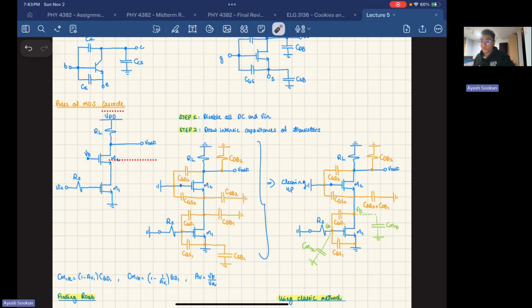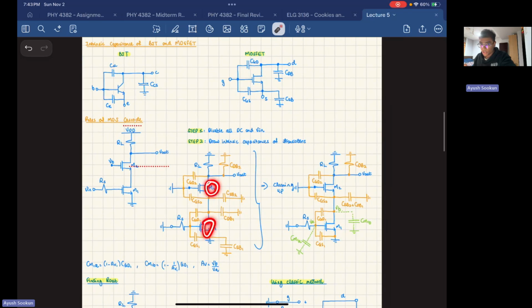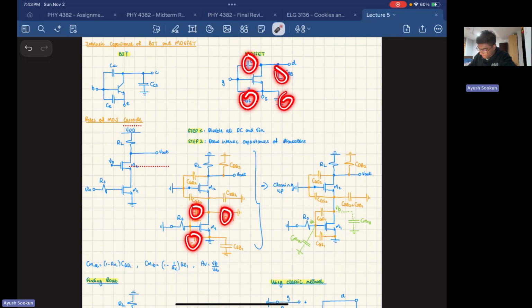And the next thing you want to do is draw the intrinsic capacitors of all of your MOSFETs. You have two MOSFETs in this case, so you're going to draw all the intrinsic capacitors: CGD, CDB, CGS, CSB, and the same thing with the other one. I don't even know what I'm saying at this point, but you get the idea.